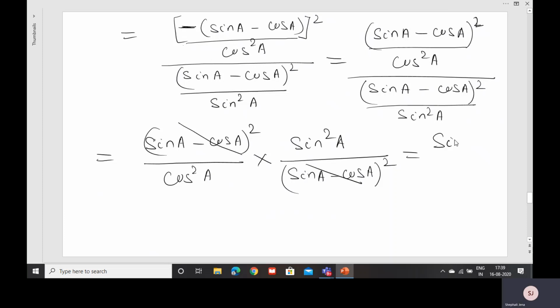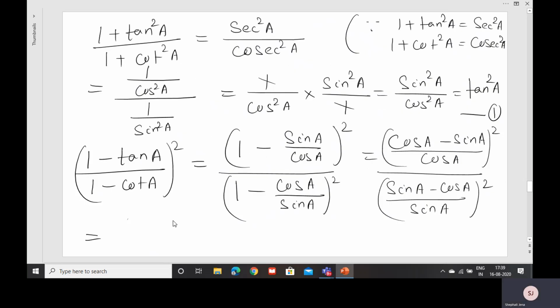You got sin square A divided by cos square A. How much? Tan square A. So this is equation 2. In equation 1, (1 plus tan square A) divided by (1 plus cot square A), you got tan square A. Again, the second part you started, you got the same tan square A.